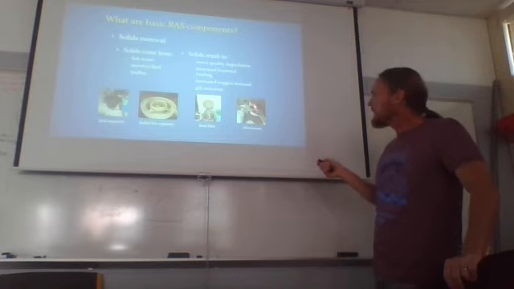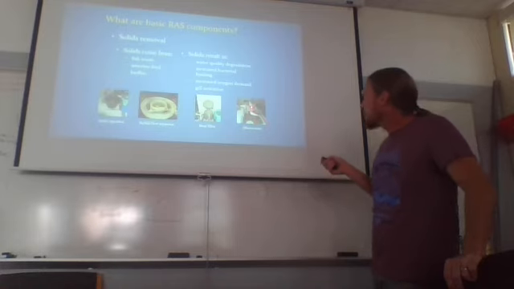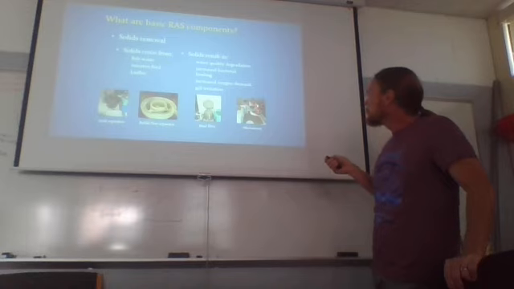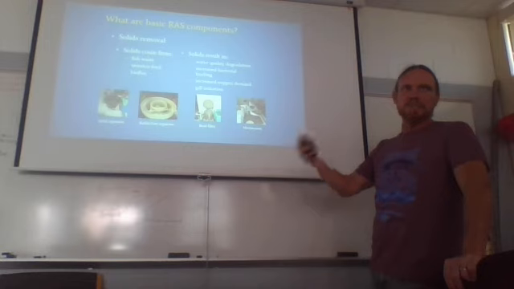A micro screen. This is also what they could call a rotating drum. So you've got a drum of screen, and the water flows into the drum. This is rotating slowly to alternate which part of the screen is getting water through it.